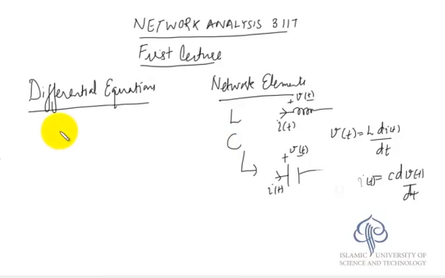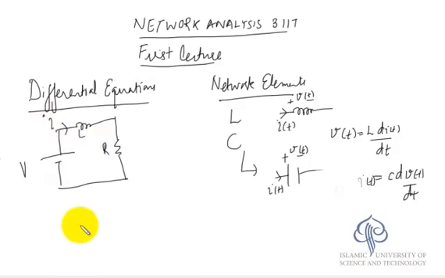For example, if you have a simple DC circuit in which you have a voltage source, an inductance, and a resistance, and a current flowing through the circuit, we can straight away write that the voltage applied is equal to L di/dt plus Ri.